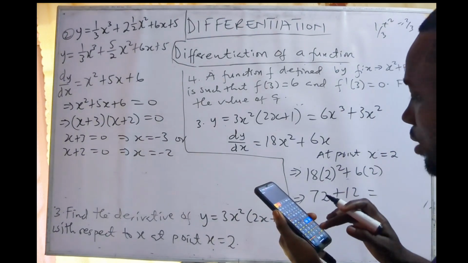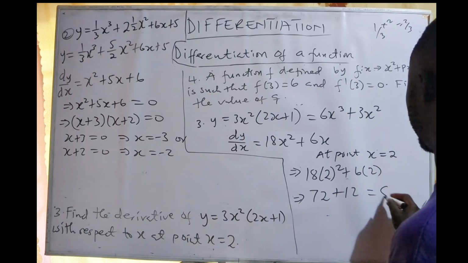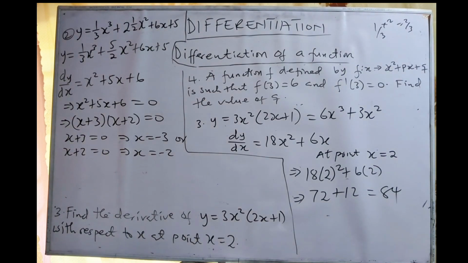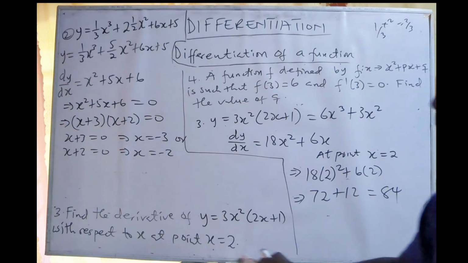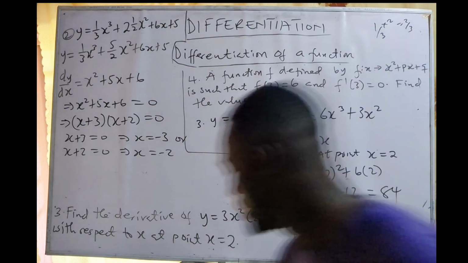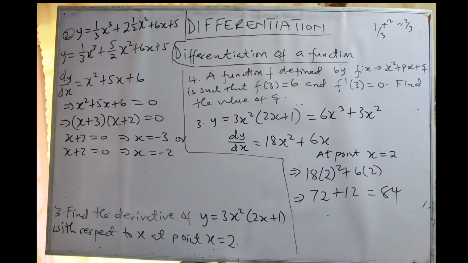So 72 plus 12 will give us 84. So the derivative with respect to x at point x equal to 2 is 84.